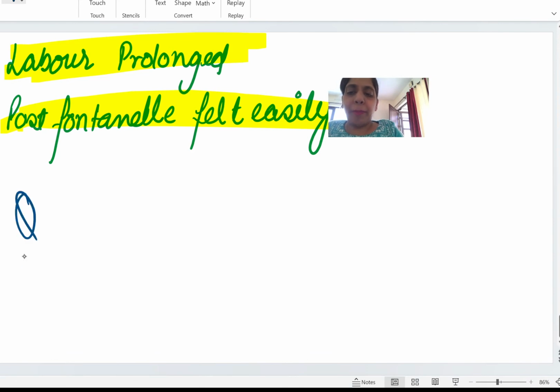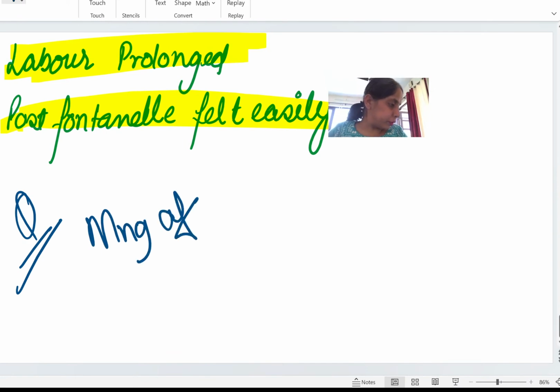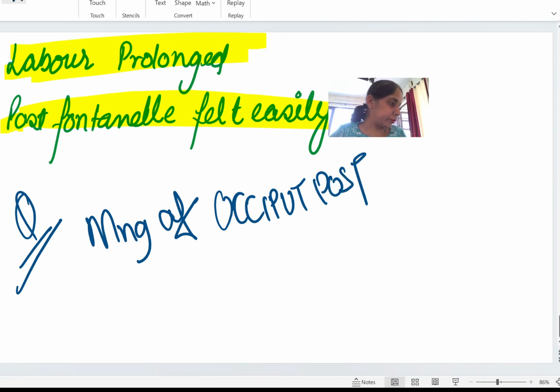Most common question which is asked, management of occiput posterior. What is the answer? Dr. Rachna, what is the answer?